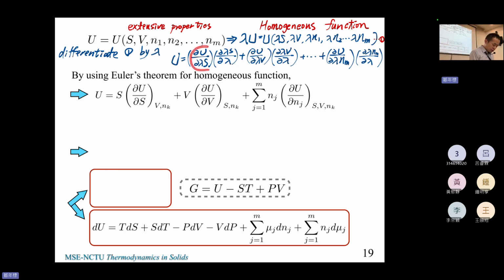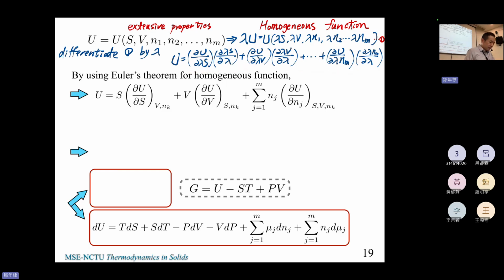So partial U times partial S. You need to differentiate U first, and then you differentiate the inner variable itself. I guess you can understand what I'm talking about. All right, so it looks like this.